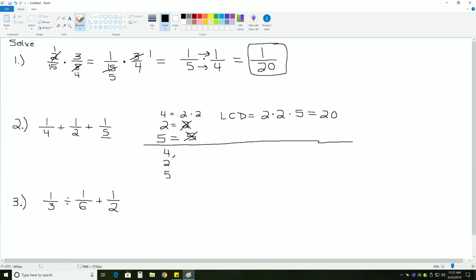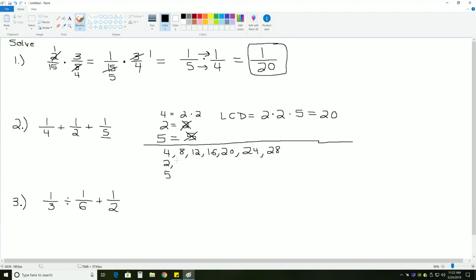So for instance, 4 times 2 is 8, times 3 is 12, then 4 times 4 is 16, 4 times 5 is 20, 4 times 6 is 24, 4 times 7 is 28, and now we'll go down to this 2.